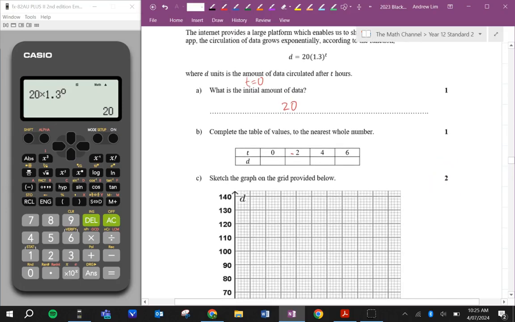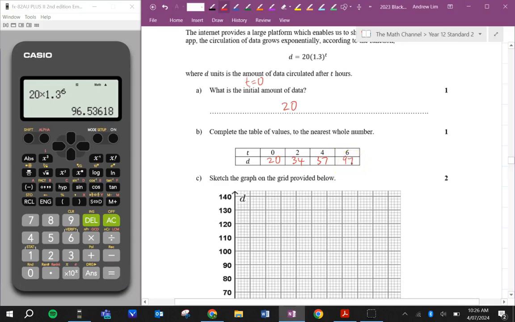Complete the table of values to the nearest whole number. So when T is 0, we've got D is 20. When T is 2, we've got 33.8, so the nearest whole number will be 34. 57, and 97.